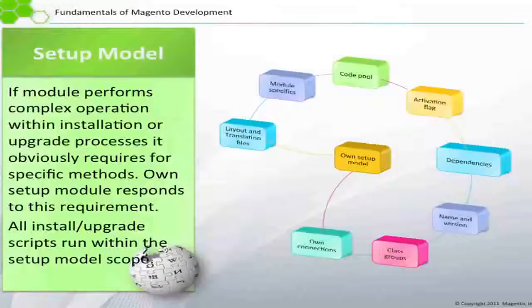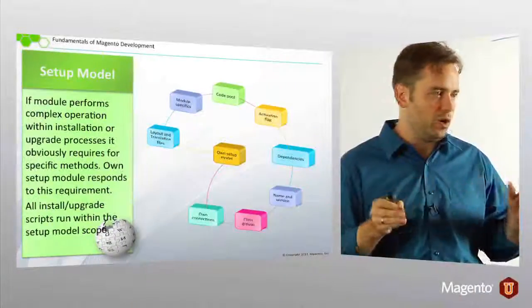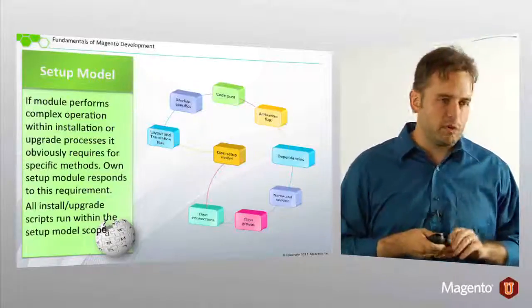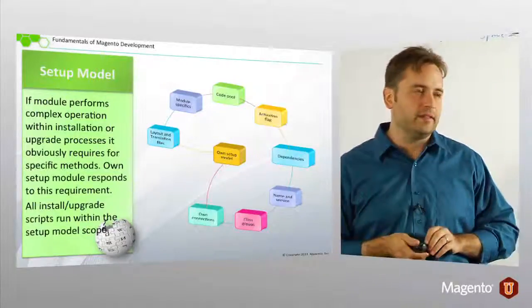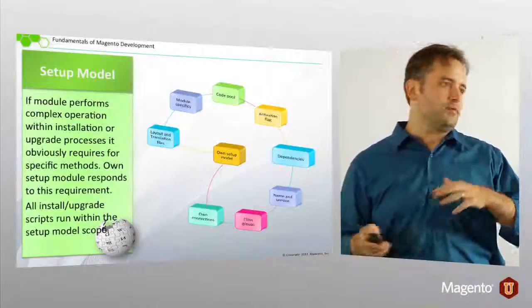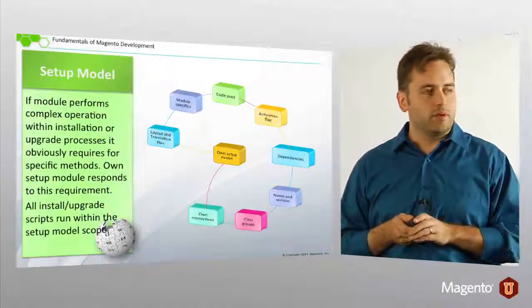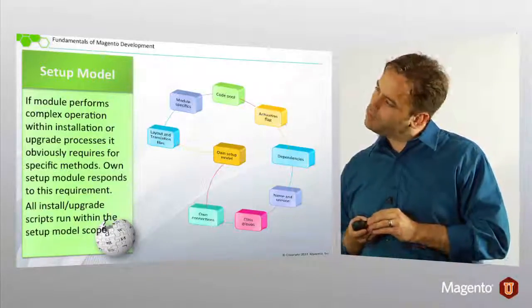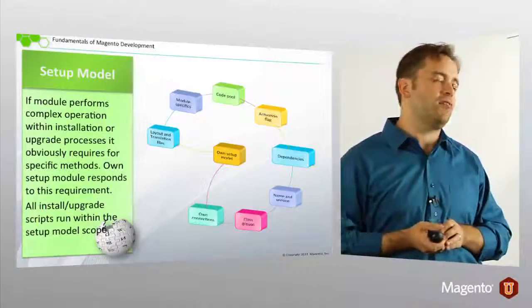All right, so setup models, again, Thursday. If you have some kind of complex logic that your model needs to install, you can create your own setup model and specify that logic in there, especially if you need to grab information from other models. Depending on the time that we have, we'll look at that.